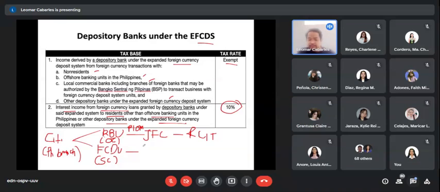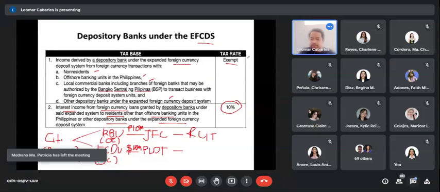Let's say pinautang niya naman si PLDT. $10 million. This table is now applicable. Pero alin siya dito sa dalawa? Exempt or subject to 10%?